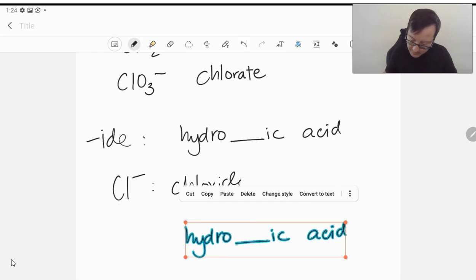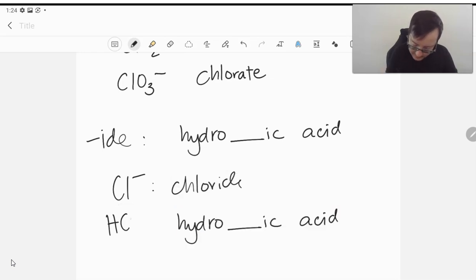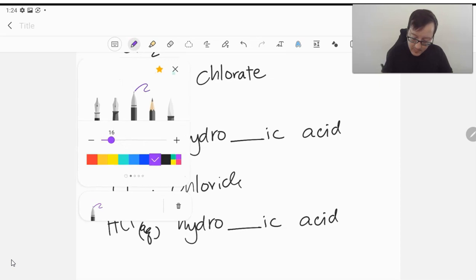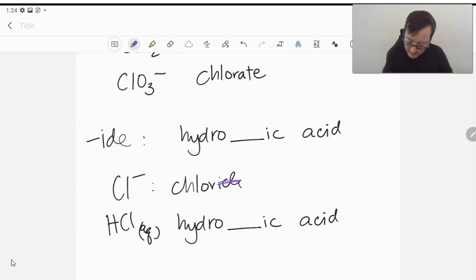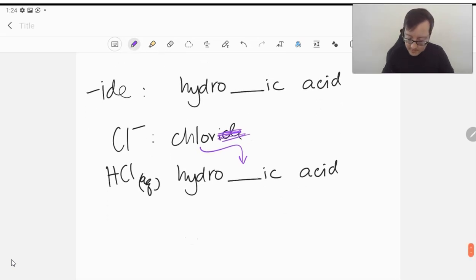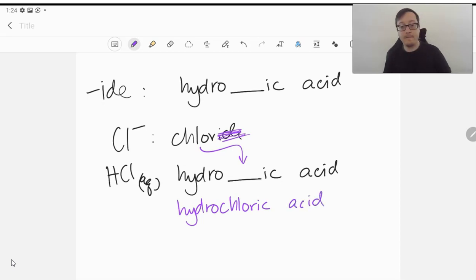If we were to make it into HCl, don't forget the aqueous, we're going to take that ide away, and that chlor is going to go in there. Therefore, this is hydrochloric acid. So, pretty easy. Remove the ending, stick it in the formula.